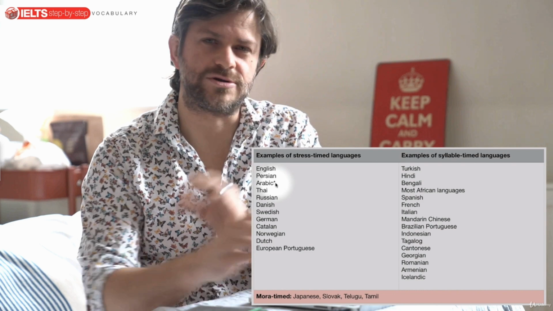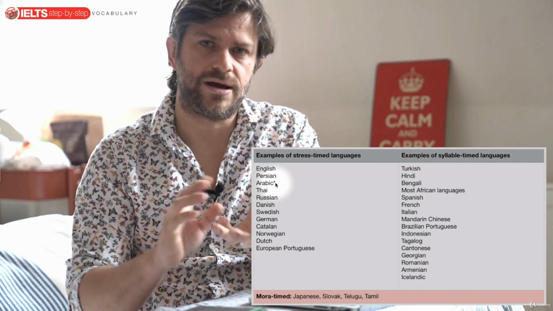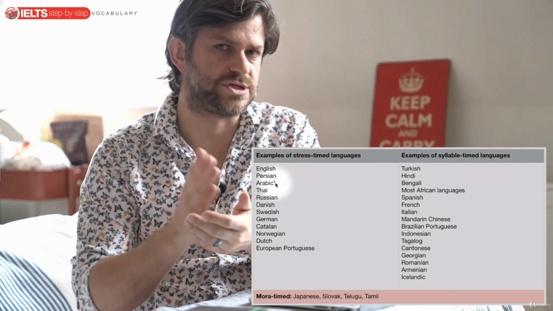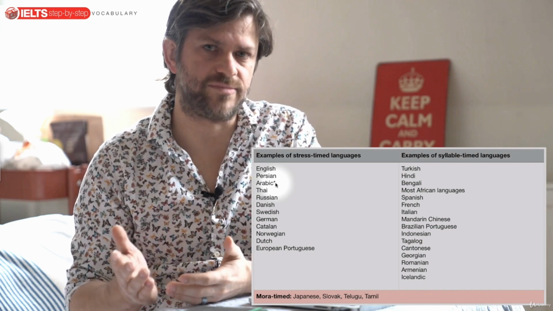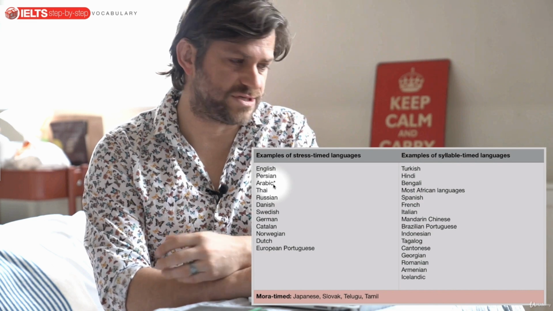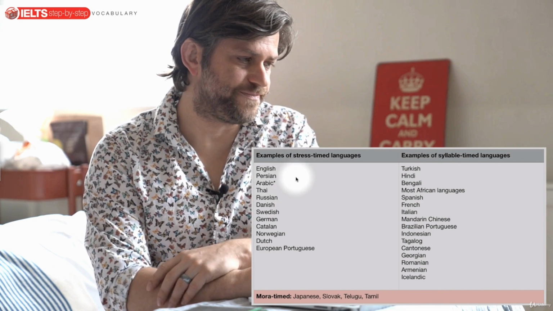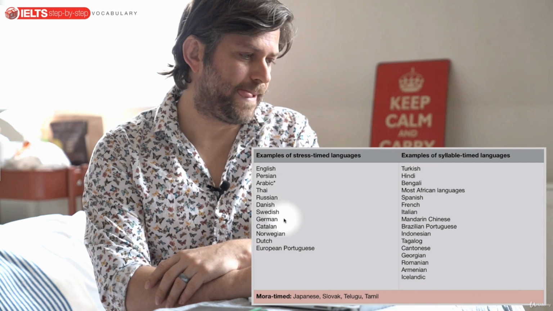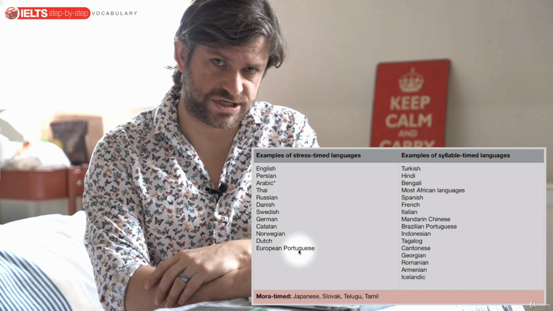Arabic's got a little star because it depends on the dialect. I don't know which dialects are more syllable timed than others, but it does depend. Egyptian, for example, is a very stress timed language. Thai, Russian, and European Portuguese.